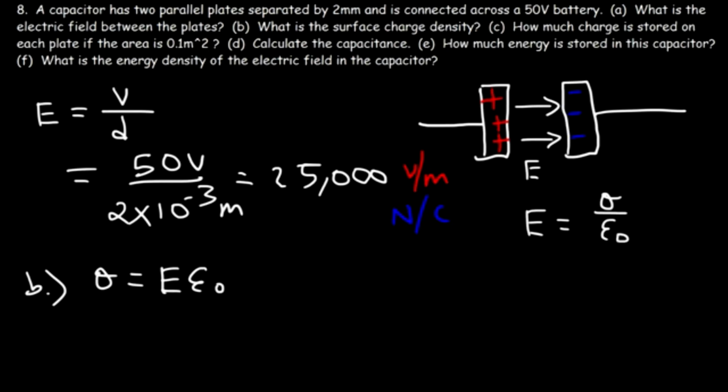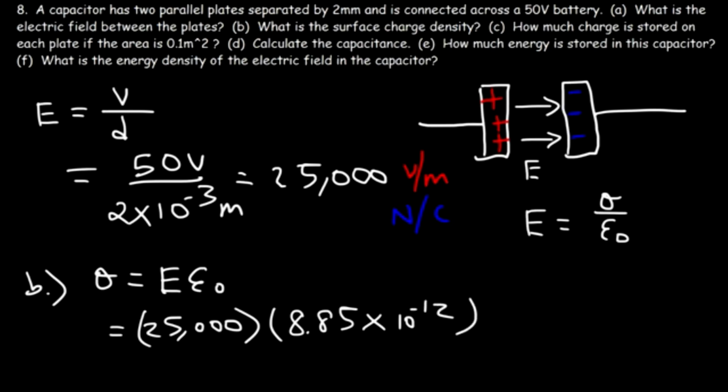So solving for sigma, the surface charge density, it's E times epsilon sub naught. So it's 25,000 times 8.85 times 10 to the minus 12. And this is going to give you 2.21 times 10 to the minus 7 coulombs per square meter.